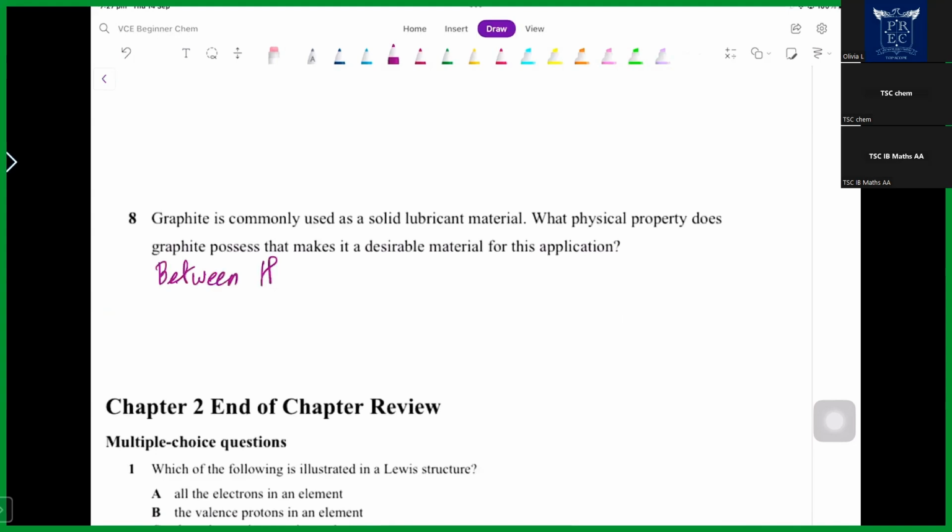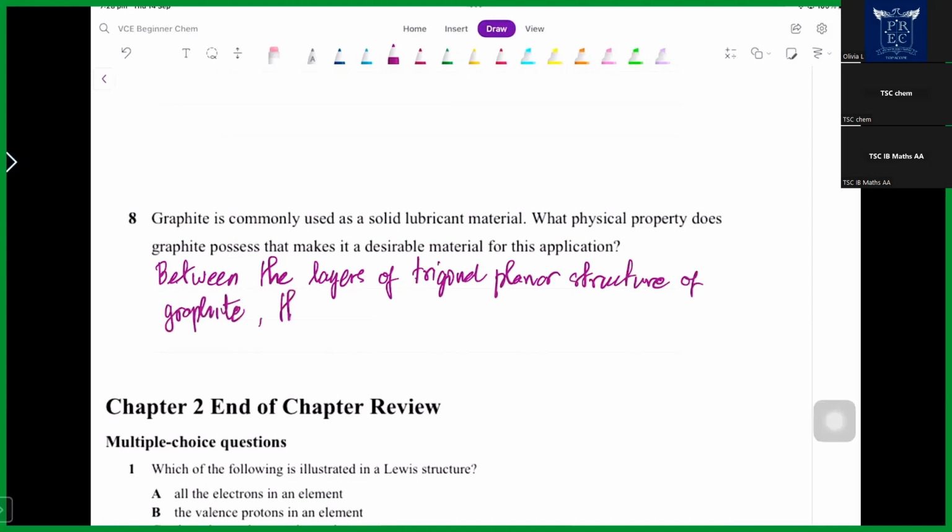Between the layers of trigonal planar structure of graphite, there is only weak dispersion force.